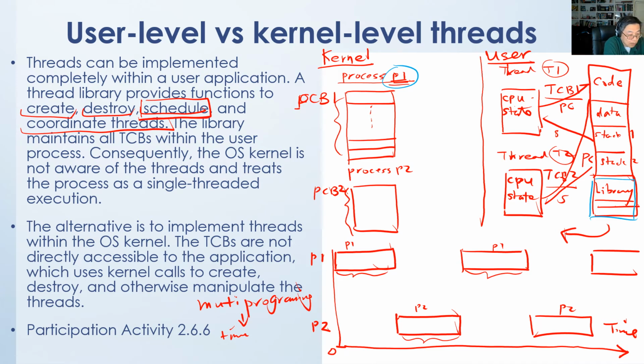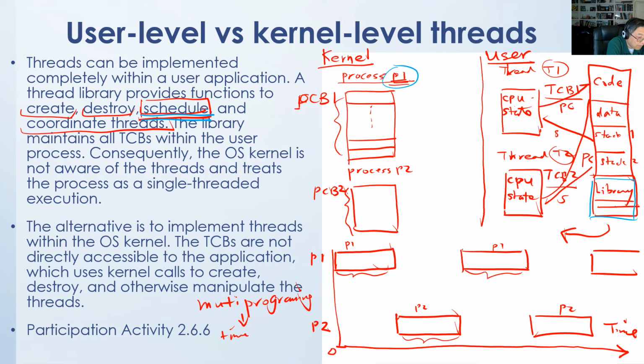So let's say in the library implementation, the scheduler decides that I'm going to switch back and forth between T1 and T2. So thread 1 is going to run a certain period of time, and then switch to thread 2.